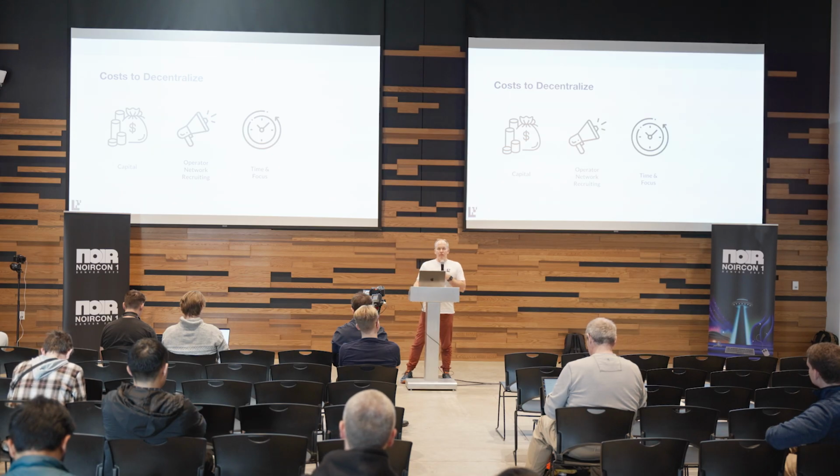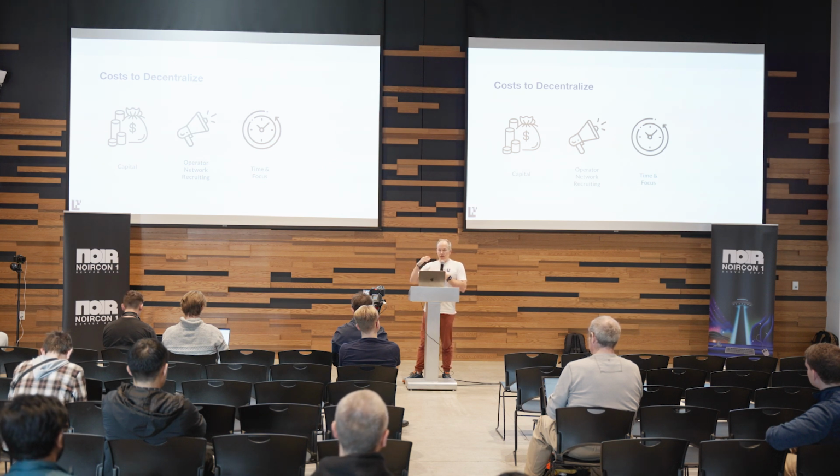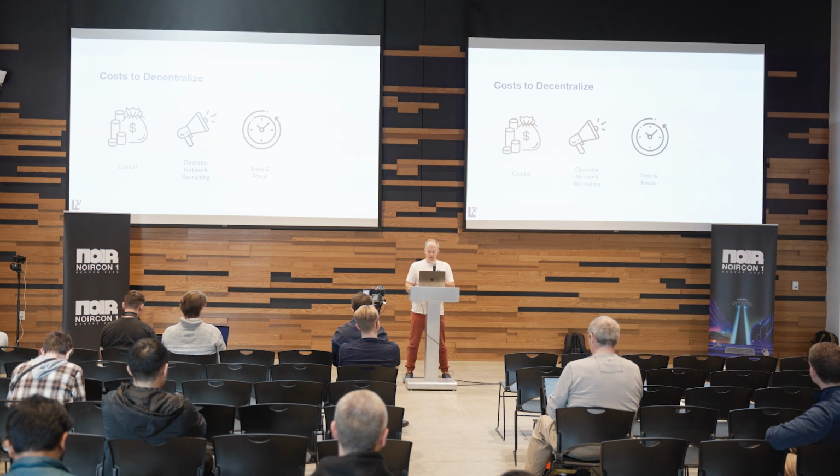But you'll need to recruit those people as well. You need to build maybe a point system or some other mechanism to get your community excited to run your validator or your operator components. This all takes away from the special uniqueness of what you're trying to build, whether it's your decentralized social media app, your ZK email service, whatever that special sauce is, that is very different from the first two components.